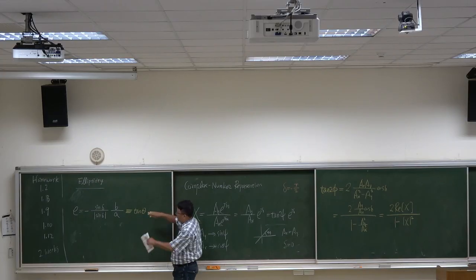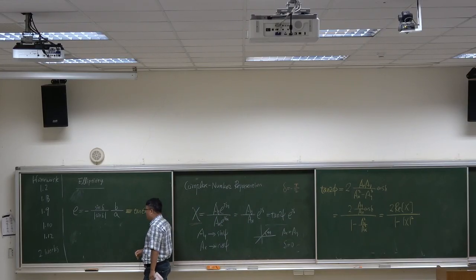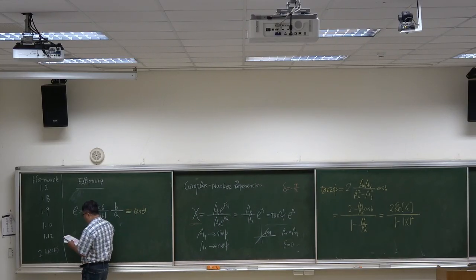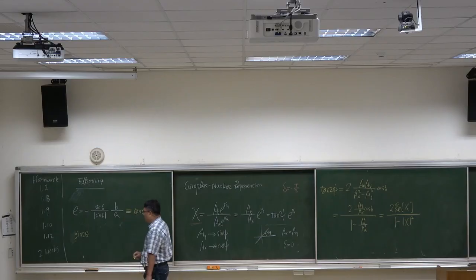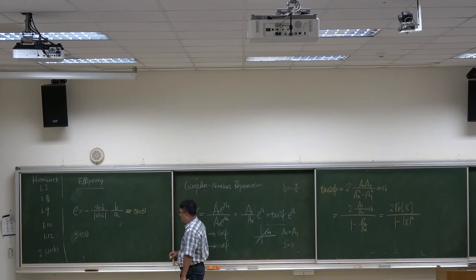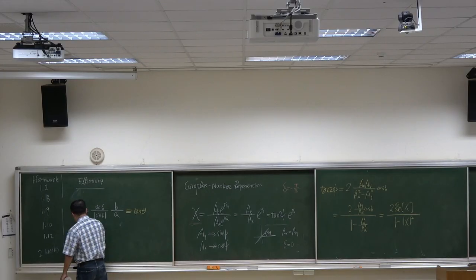This theta has nothing to do with the theta we discovered before. Okay. Then we can show that sine 2 theta can be obtained directly by using the chi-related quantities.